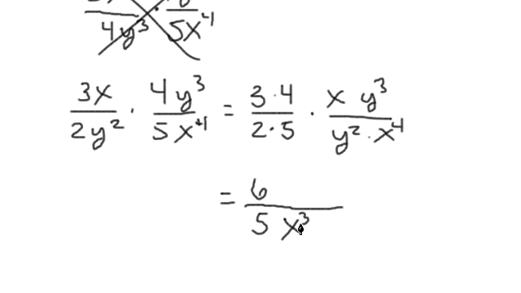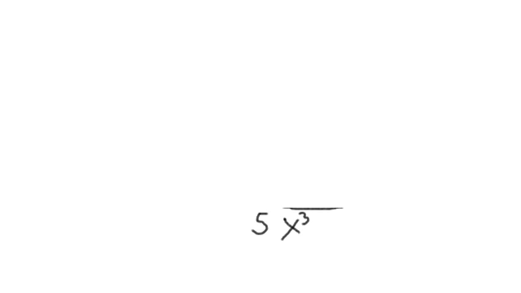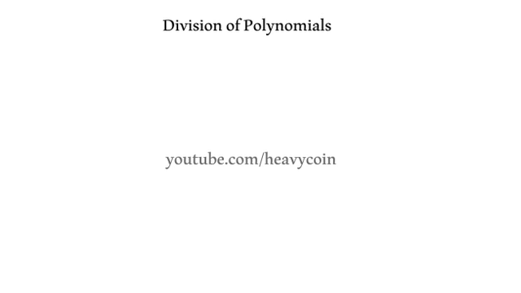We have 3 y's in the numerator, 2 y's in the denominator, so we can cancel the 2 y's out in the denominator, and we're left with 1 y in the numerator. So we have 6y over 5x cubed. Yep, that was simplified down.